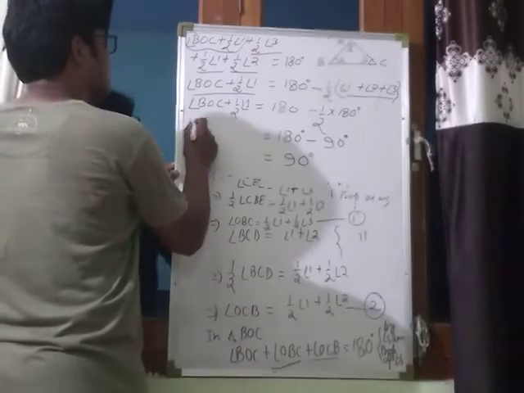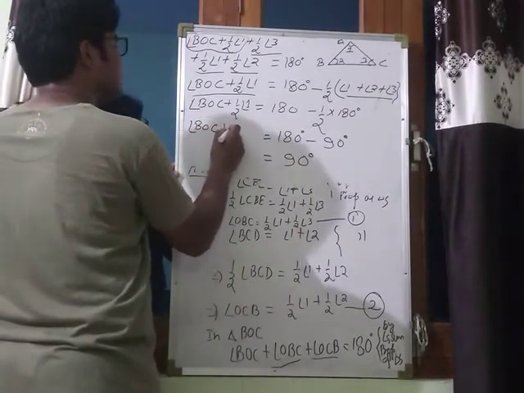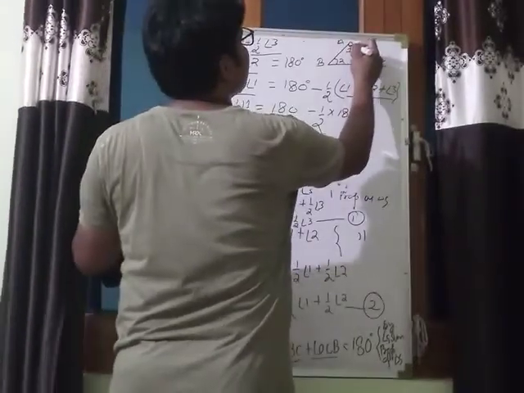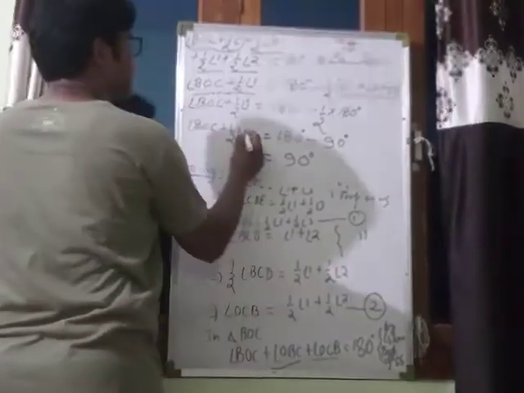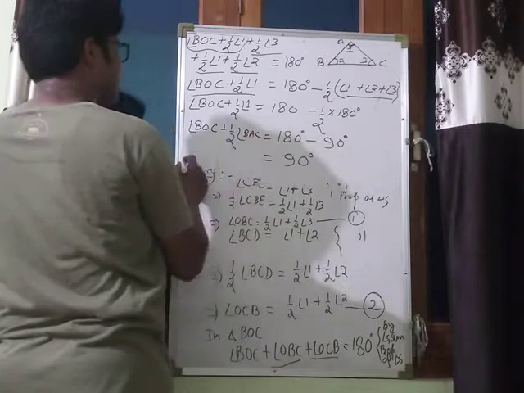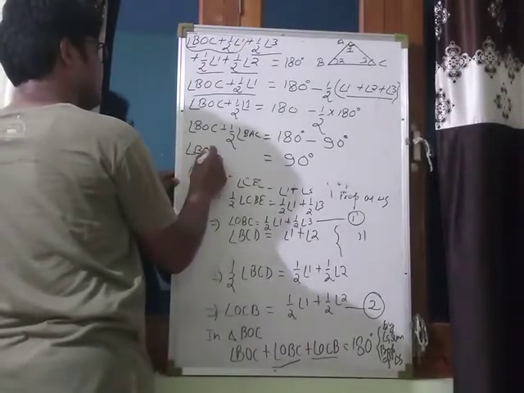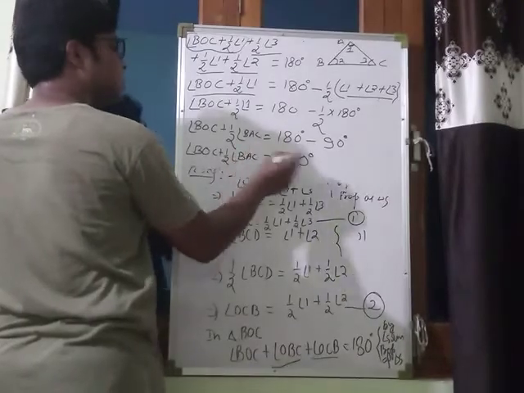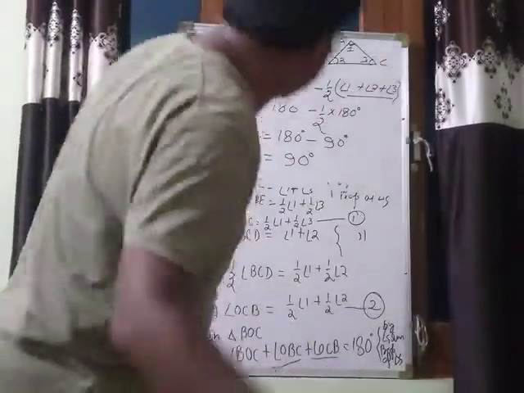And this one is BOC plus half of angle 1. And angle 1 is what? This is BAC. Means angle BOC plus half of angle BAC is equal to 90 degrees. Then what will be angle BOC?